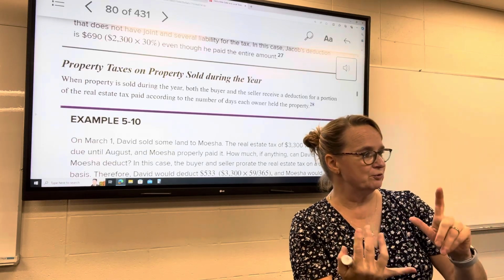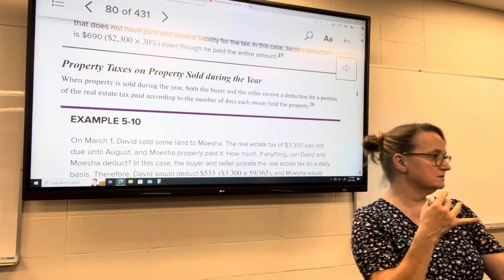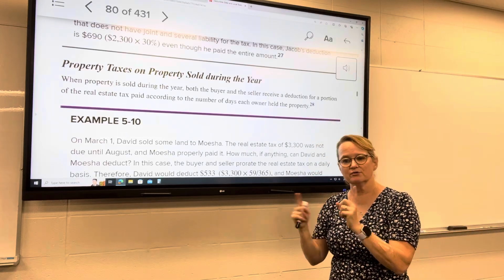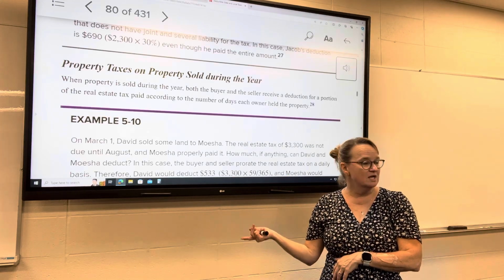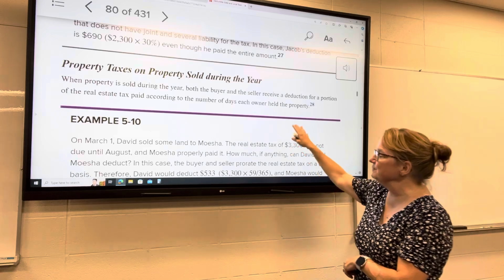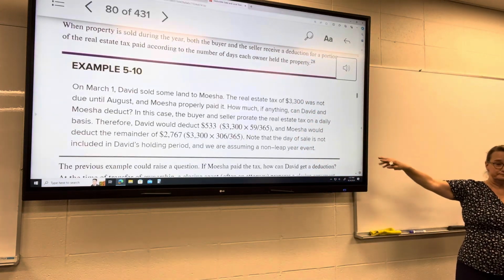Well, if you have to both own and pay for the taxes in order to get that deduction, that creates a bit of a complication when it comes time to filing your tax return. So oftentimes in Iowa, and the example that they give in the book here is different from how it's done in Iowa. This isn't how it's done in Iowa.